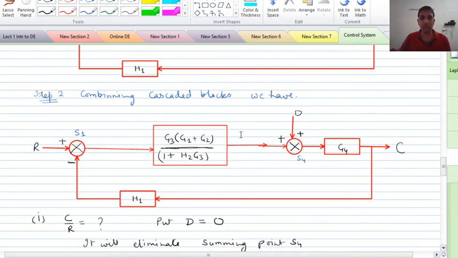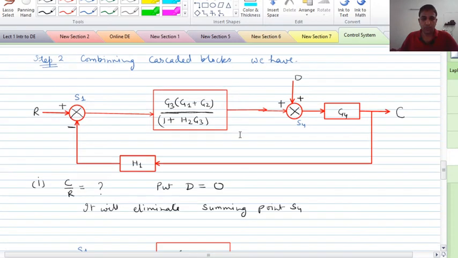Now the problem becomes somewhat simple. So in the first case, when we want to find out this C by R, we have to put D equals 0. When we put D equals 0, because there are only two inputs in this summing box, when one input is 0, like suppose y equals x plus d, if we put d equals 0, then y equals x.